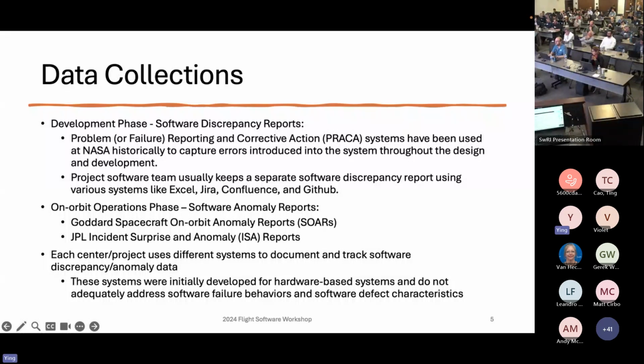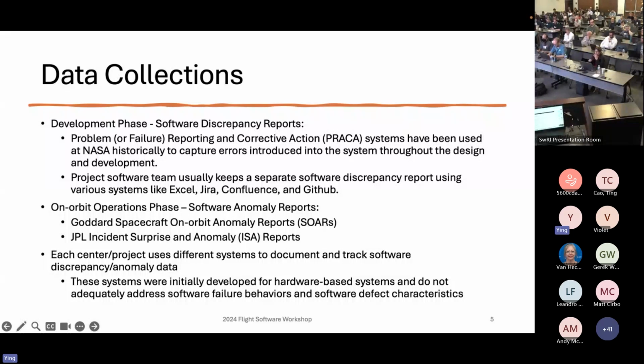So this slide just introduces a straightforward first-level classification for development phase discrepancy reports. We could classify those issues as defects or bugs, which are real incorrect implementations, like incorrect requirements or design implementations.